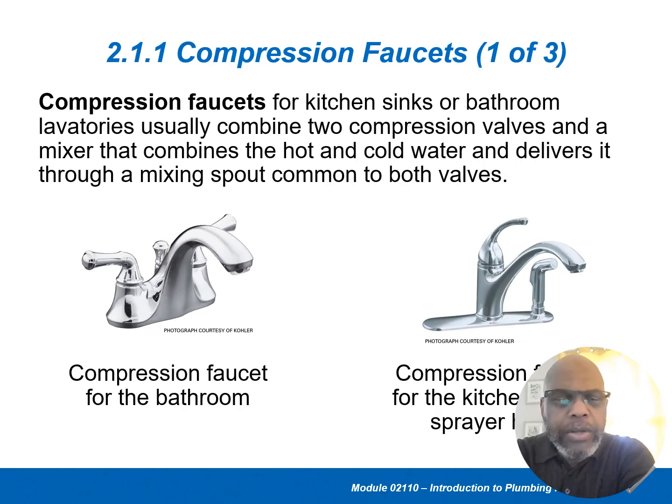Now, usually a compression faucet has a valve stem. At the very end of that valve stem, inside the body of the faucet, is a rubber washer, and that rubber washer actually gets compressed on the seat. That seat is usually a soft metal like brass, so the rubber makes a compression fitting to stop the water.